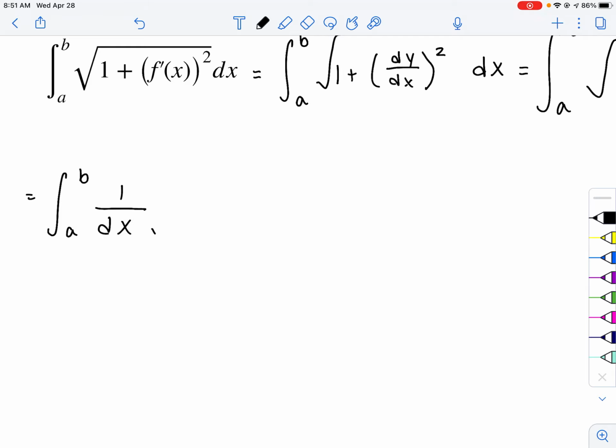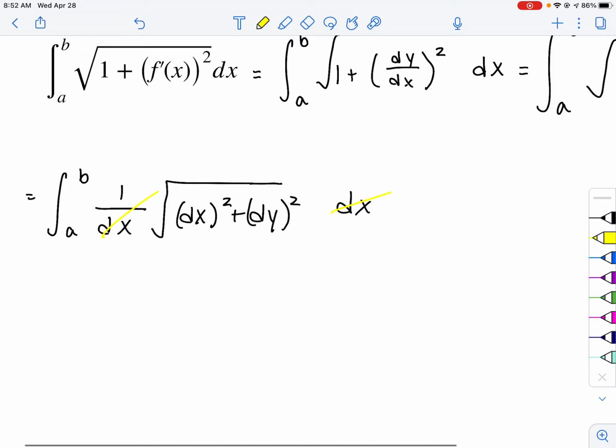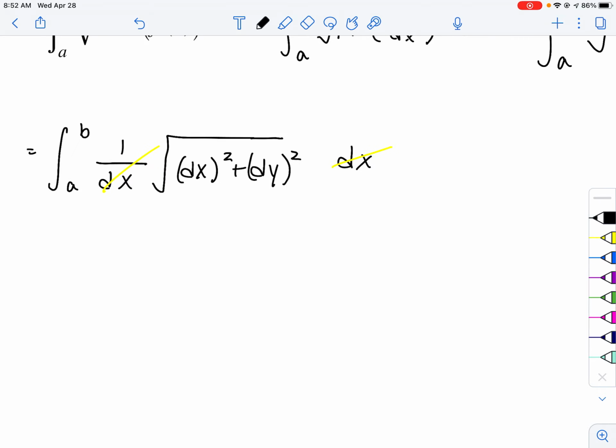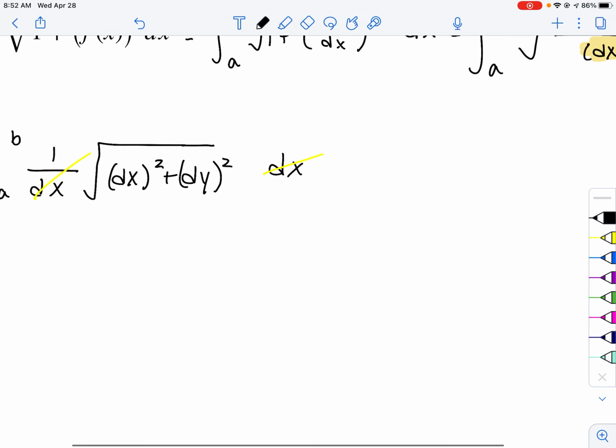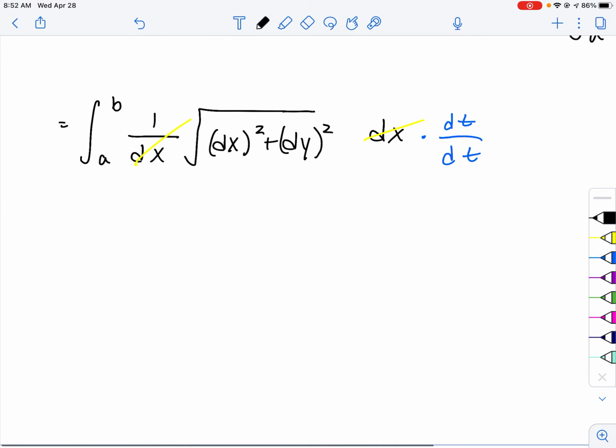So we have from a to b, 1 over dx times the square root of dx squared plus dy squared, dx. Now, these things cancel out, which isn't super great mathematics, so this isn't super formal or totally kosher. So we can get rid of the dx's, and then to get the dt's in there, what if I multiply by dt over dt?